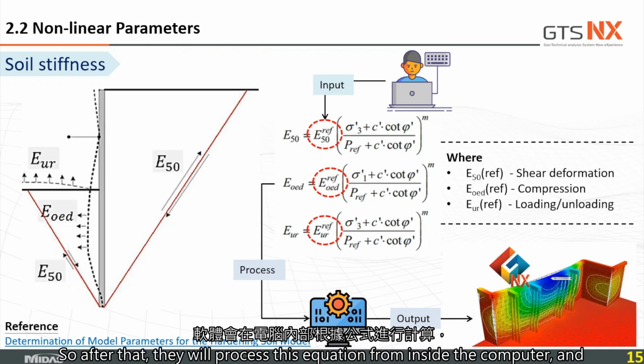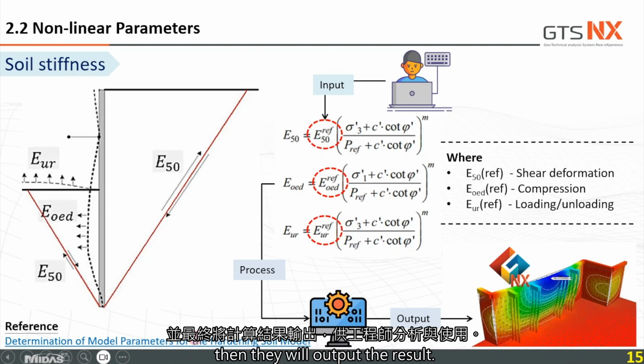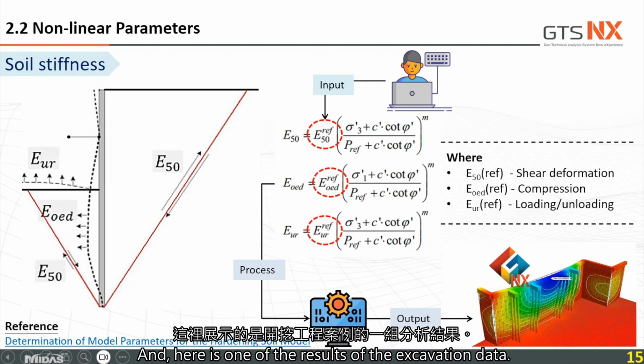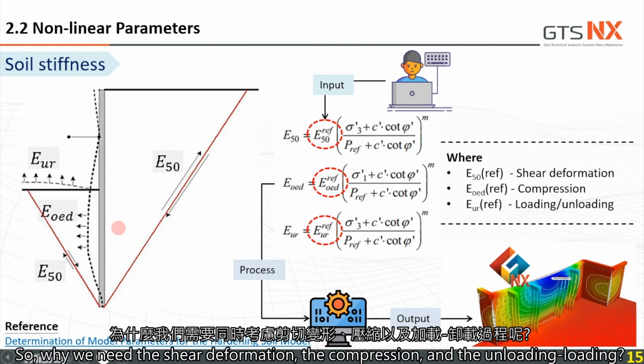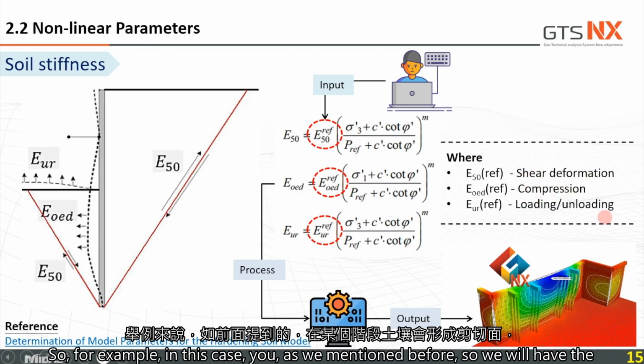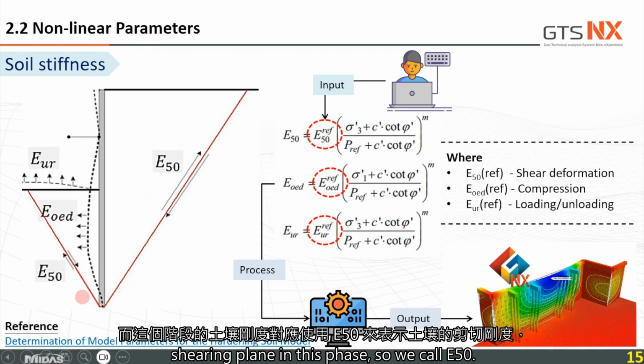After that, the software will process these equations inside the computer, and then output the result. And here's one of the results of the excavation data. So why do we need the shear deformation, the compression, and the unloading-loading? For example, in this case, as we mentioned before, we will have the shearing plane in this phase.